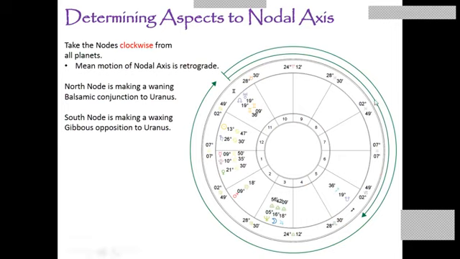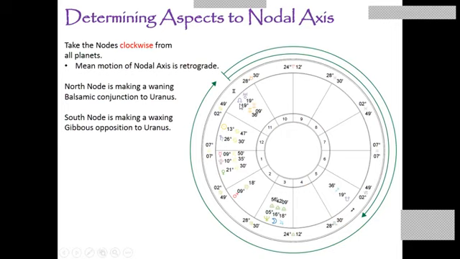And so in the examples that you see here in your chart, we're looking at the nodal axis relationship with Uranus. So we start with Uranus, and with that inner circle moving all the way around, reversing, we get to the south node and see that the south node is making a gibbous opposition to Uranus.